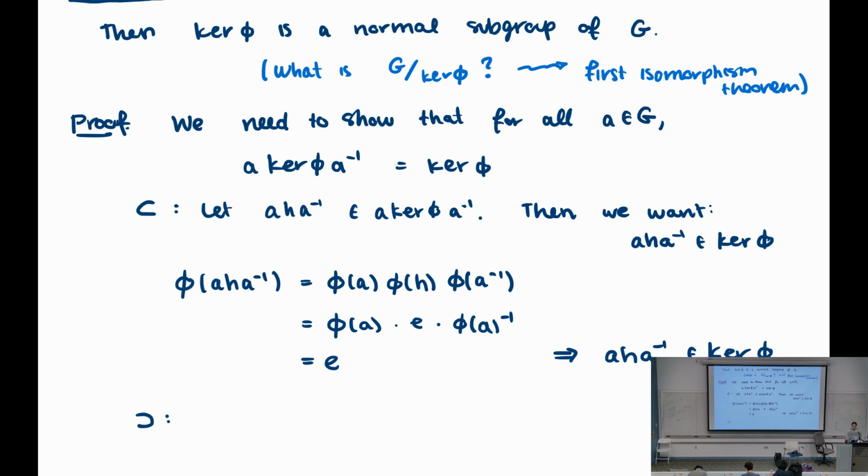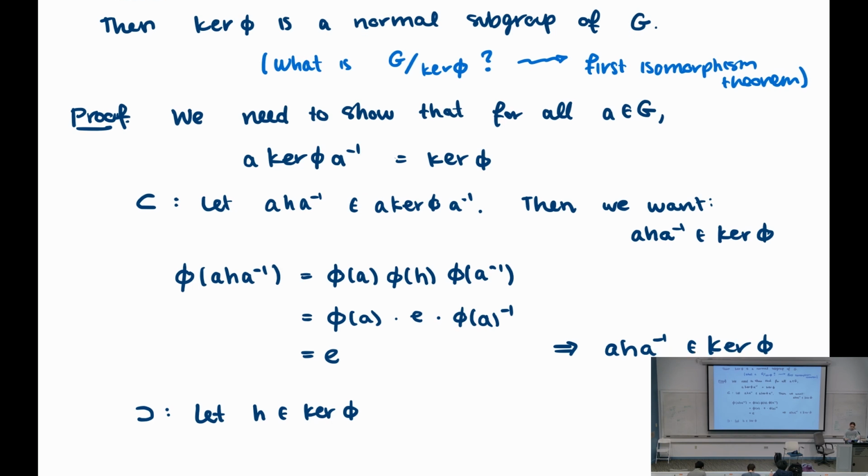Okay, so let's do this other one. So let's let H be an element of the kernel of phi. Then what do we want to show? We want to show that H is an element of A kernel of phi A inverse.